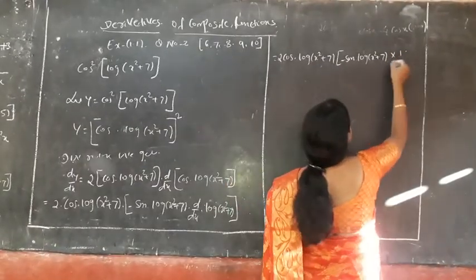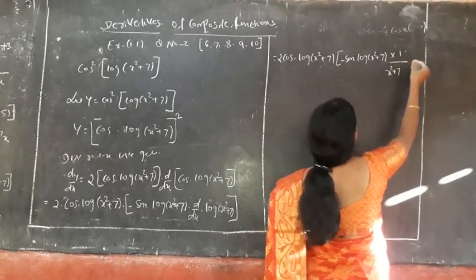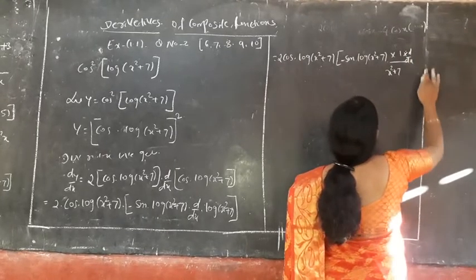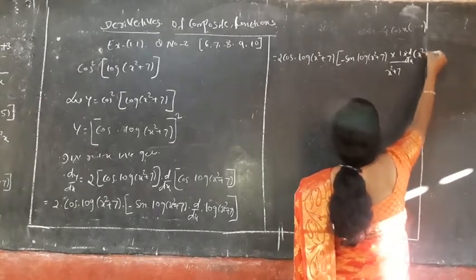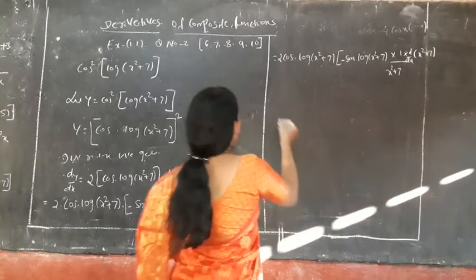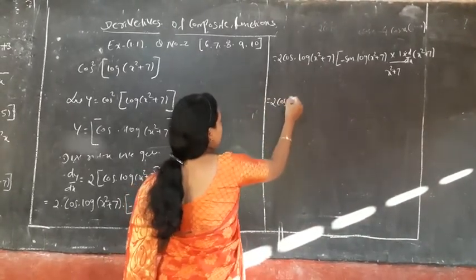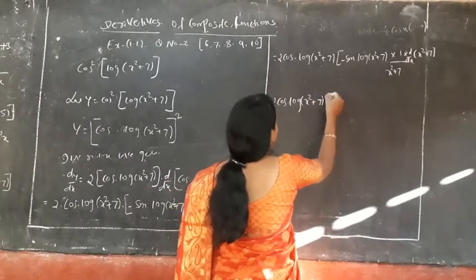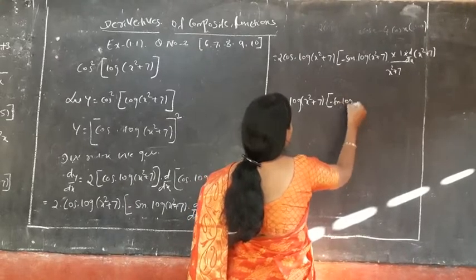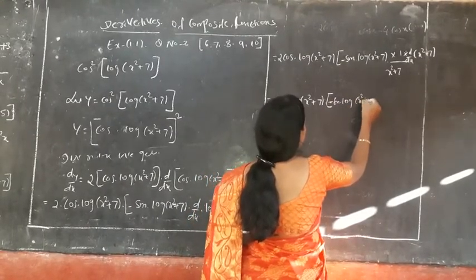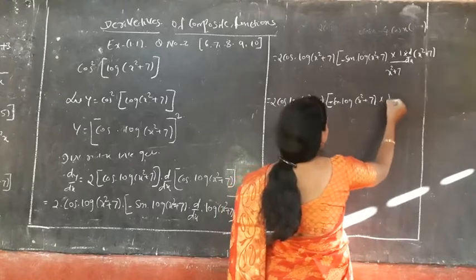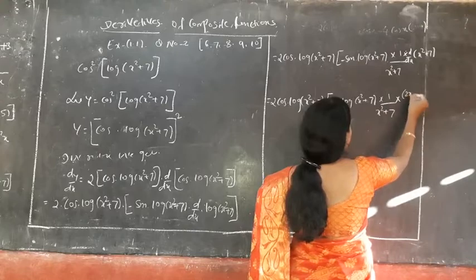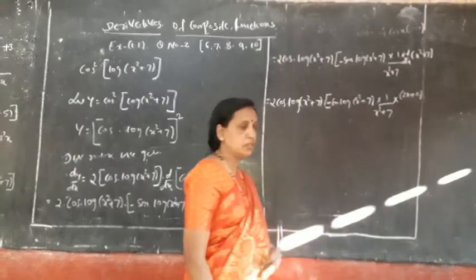So write here 1 upon x square plus 7 into d dx of x square plus 7. Differentiation of x square is 2x and differentiation of 7 is 0.